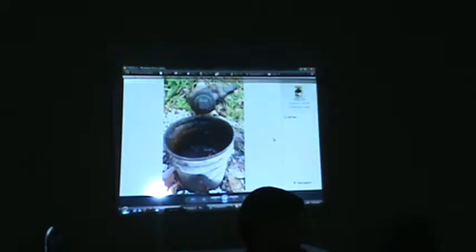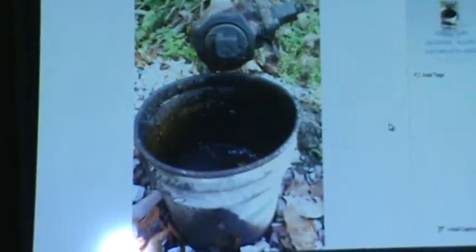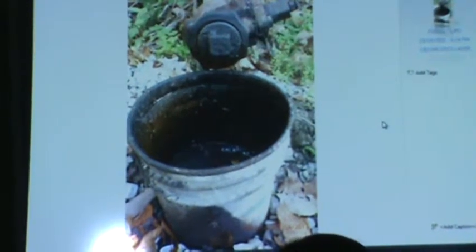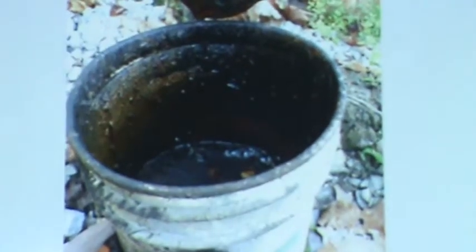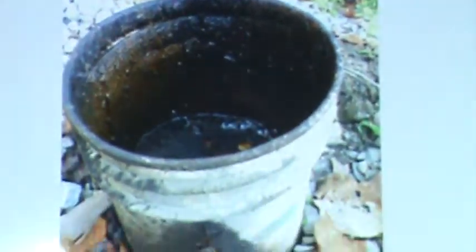And you can clearly see that this bucket has been there a long time and is actually leaking out of the side, and then clearly when it rains, leaking into Davis Creek.